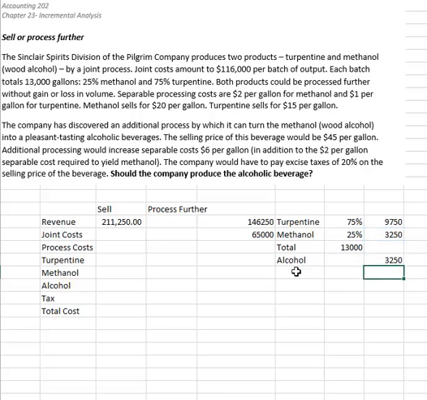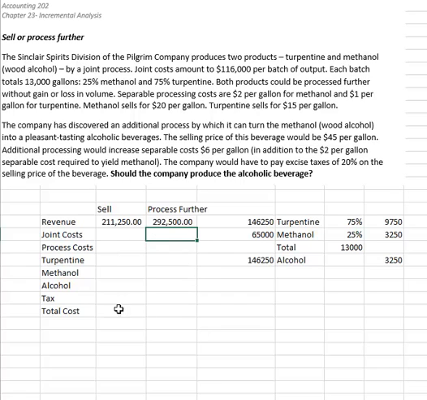There'll be 3,250 gallons of the drinkable alcohol, and the problem tells us they sell for $45 a gallon. So my revenue for the alcohol is $146,250, and I can't sell the methanol if I turn it into alcohol. So the total revenue, if I process the product further, is the turpentine plus the alcohol. My revenues are significantly higher.